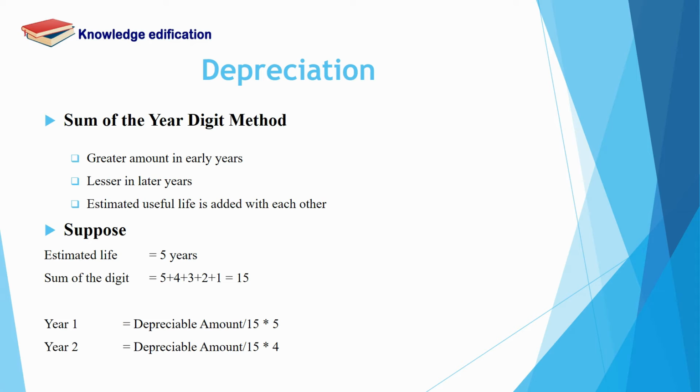Their sum will be 5 plus 4 plus 3 plus 2 plus 1, equal to 15. The depreciable amount is divided by the sum of the years' digits, that is 15, and the result is multiplied by the number of years of life remaining at the beginning of the year for which depreciation is calculated.